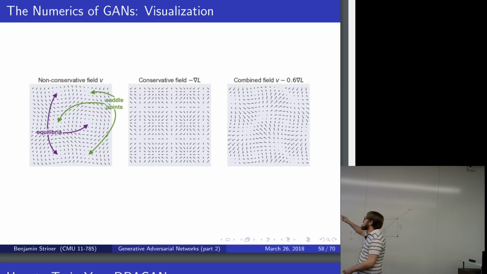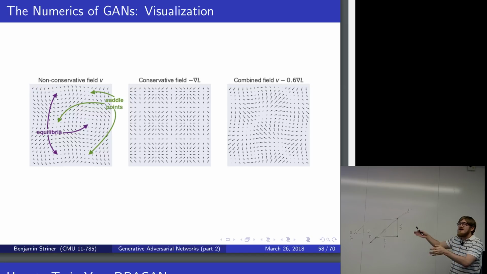And then we have a mix between that field, which is just, calm down, go to an equilibrium point, and then try to win your game. And that gives us something that's a little bit in between the two of those. It's a little bit smooth. So it's not guaranteed to converge because it's not entirely the conservative field, but it's a little more conservative than the non-conservative field. So it's just a little bit of regularization on that end.